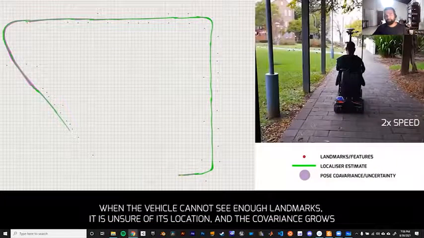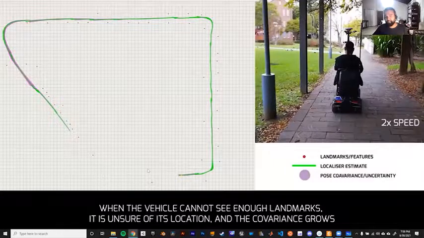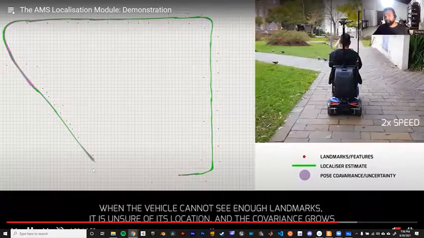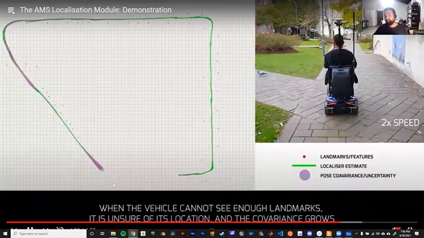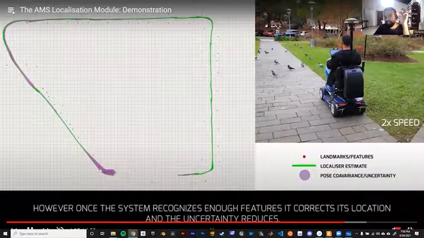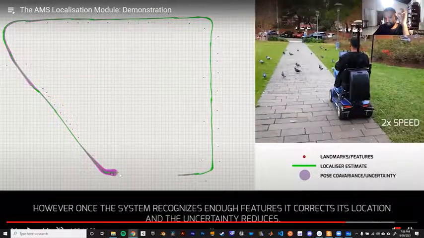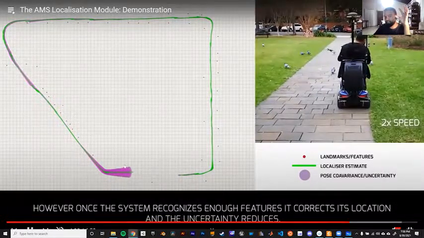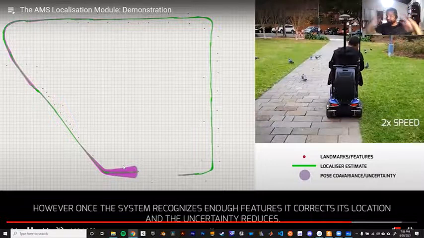Now when it comes to this area, there are not many observations, and this purple area starts to become bigger and bigger. So instead of saying I know exactly where I am, the purple area is saying the mean is here in the green area, but it can be anywhere in this purple area. This is the Gaussian distribution, basically.